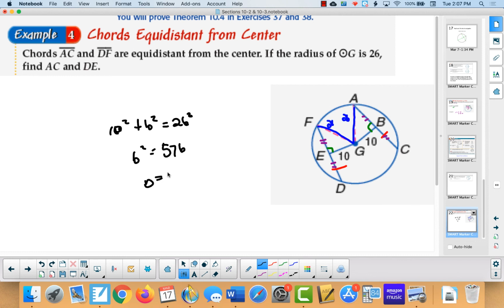And so B equals 24. So 24 is going to be these lengths here. And finally, AC is going to be those added together, or 48. And DE is going to be just one of those parts, so that's going to be 24.